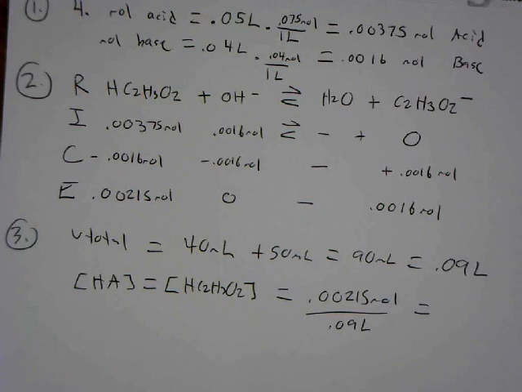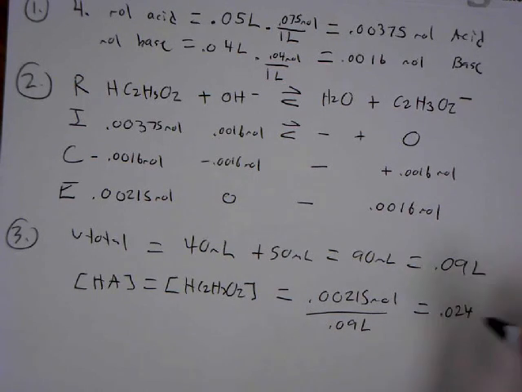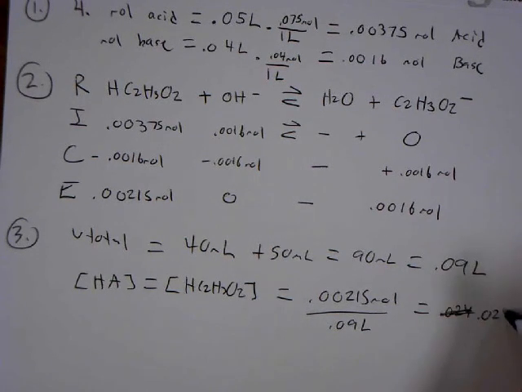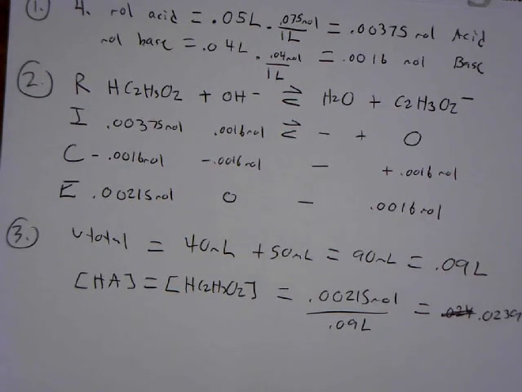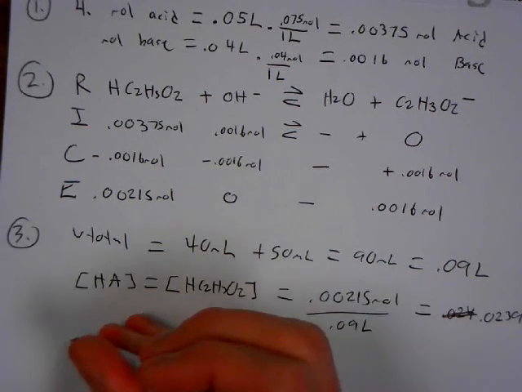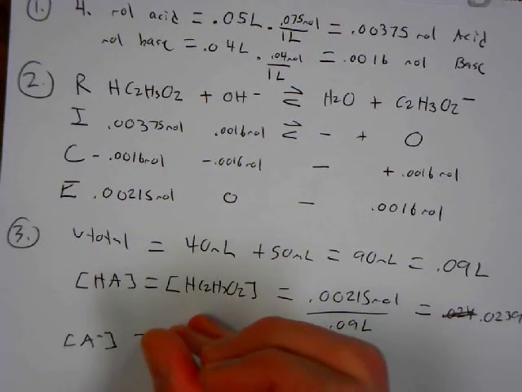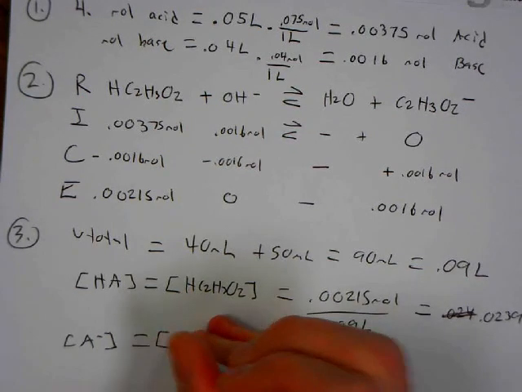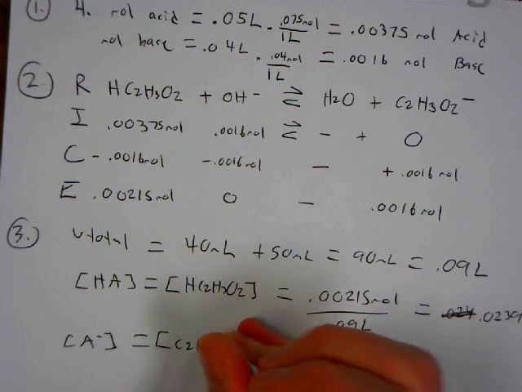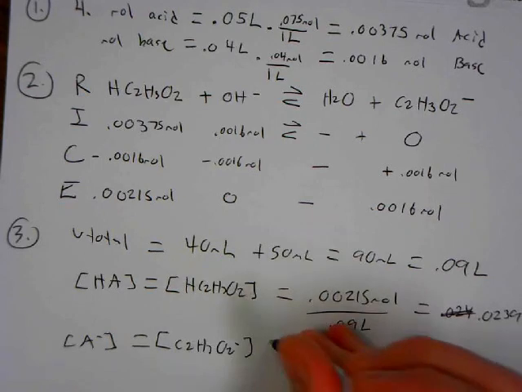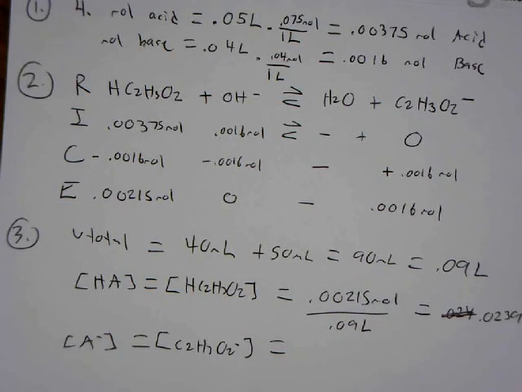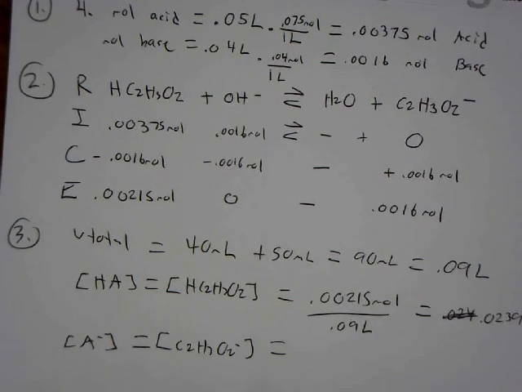That's going to equal 0.00215 moles divided by 0.09 liters. That will give you your molarity of acid at equilibrium. What do you get? 0.0239 molar.